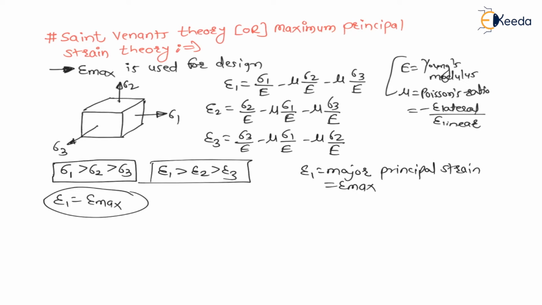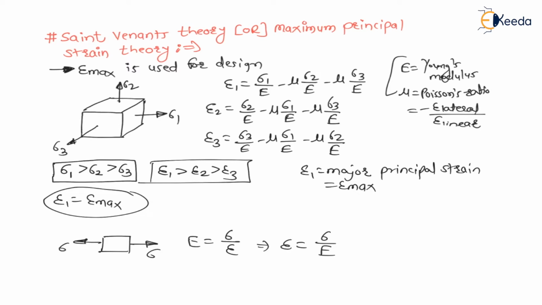Now for 1D loading, let us say this is a stress sigma, then what is Young's modulus? For 1D loading, Young's modulus is nothing but normal stress divided by linear normal strain. From this, the linear normal strain is equal to stress divided by Young's modulus.